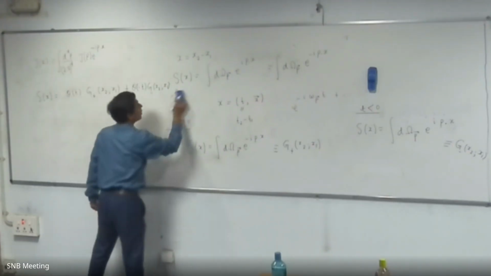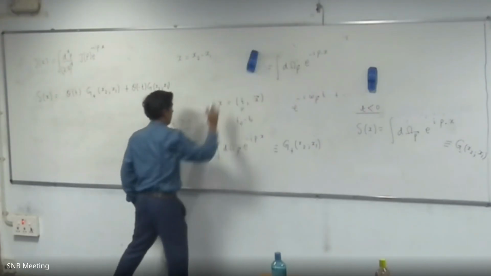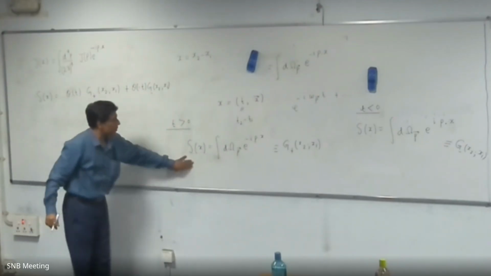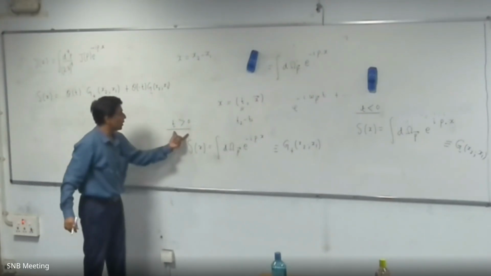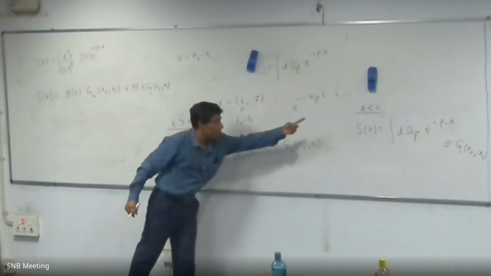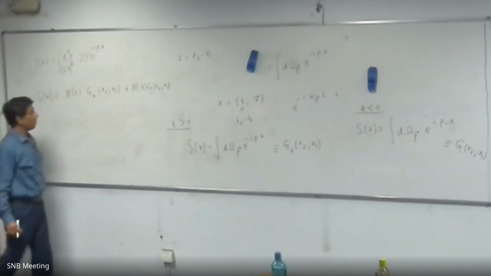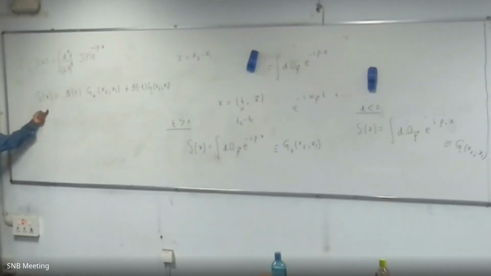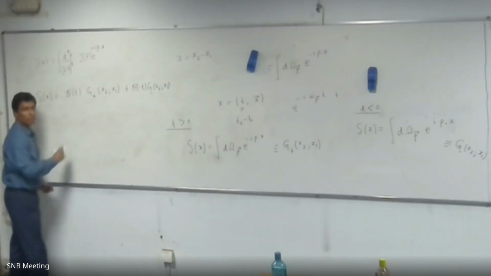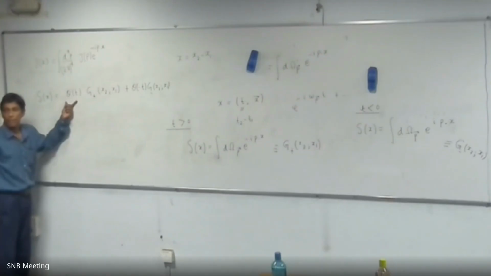So আবার আমি রিপিট করে দিই তোমাদের জন্য যে s of x, this thing for t greater than 0 is g plus and for t less than 0 is g minus. So the full s of x for all t, whether t is greater than 0 or t is less than 0, should be something like this. What is this? This is a theta function. Have you seen this theta function? Heaviside theta function.